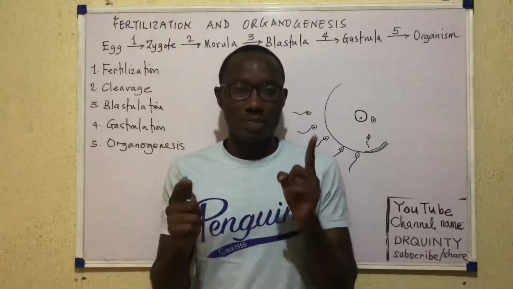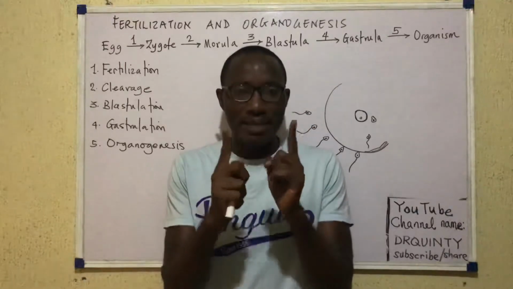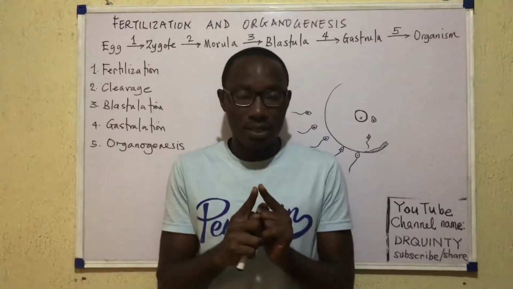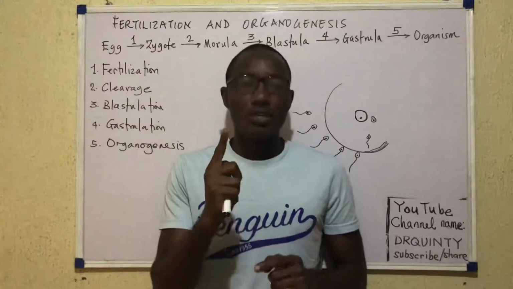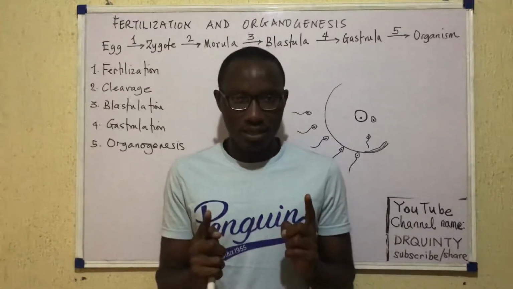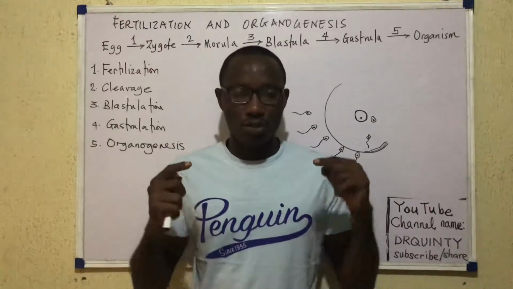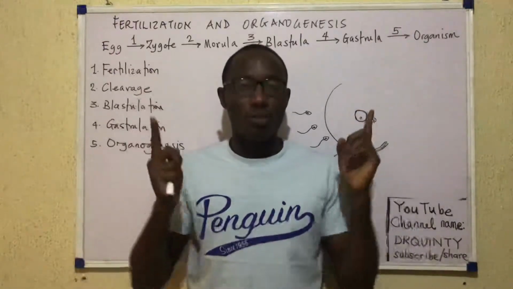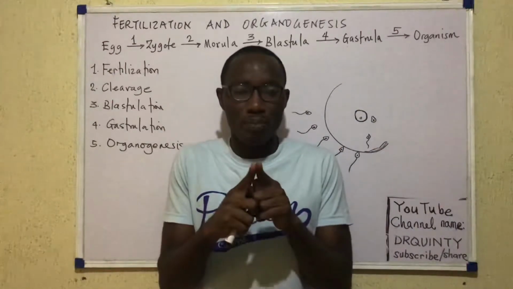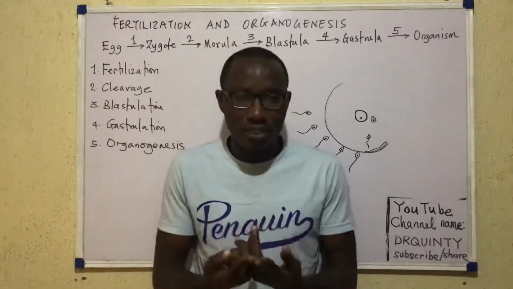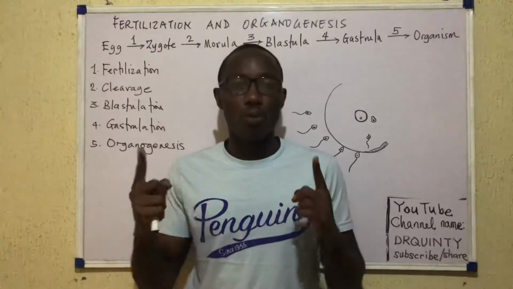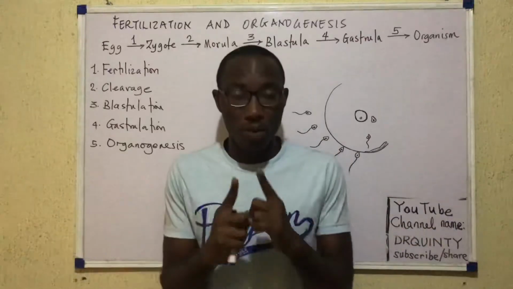Chromosomes that would have been paired in the original cell became single upon formation of gametes. So when two gametes come together, those chromosomes that were originally paired will end up pairing up again. So we say that fertilization affords an opportunity for homologous chromosomes to recombine.